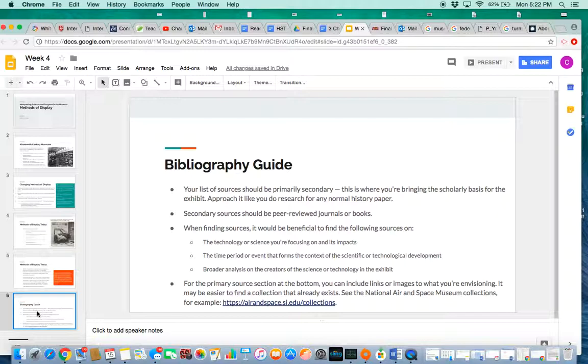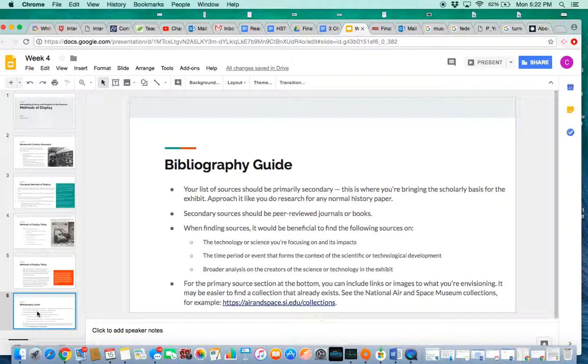And then also, if you have a company or a governmental entity or a person who created this, or a combination of these things, which tends to happen fairly often, you want to look at broader stories about these people or institutions that created the thing you're interested in, and that will also give you some good contextual information.